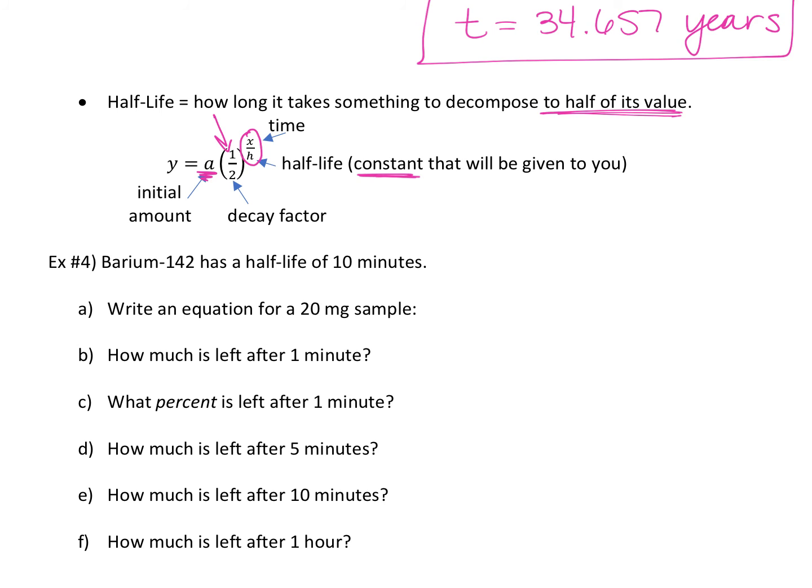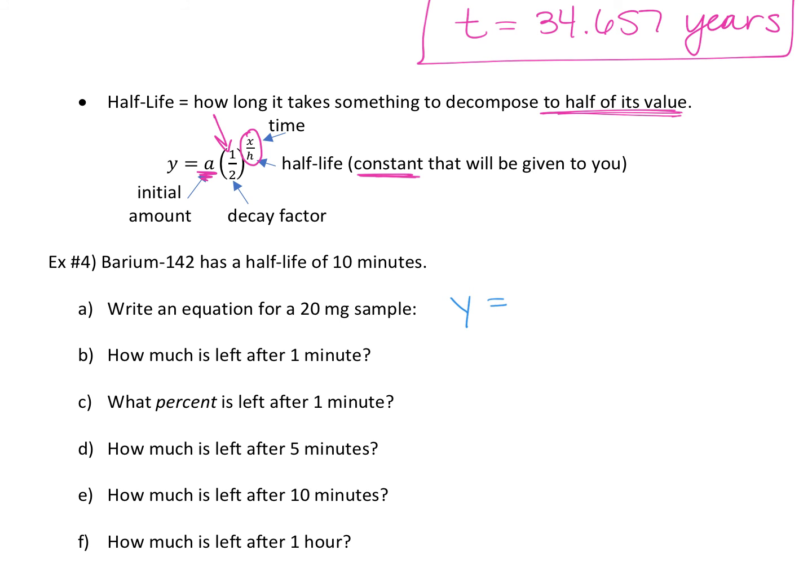Example number 4 here. The problem says barium-142 has a half-life of 10 minutes. So every 10 minutes, it gets cut in half. Write an equation for a 20 milligram sample. So what you're going to do is start by coming up with that equation.